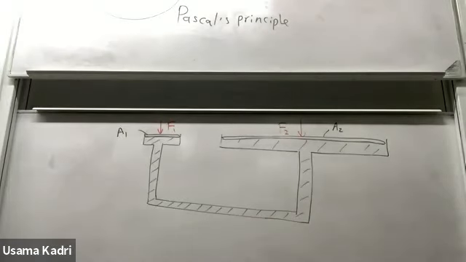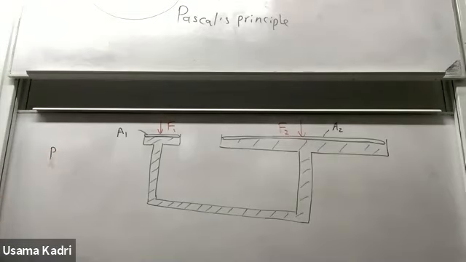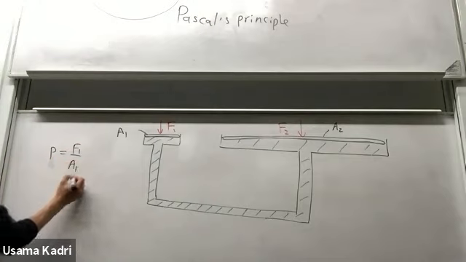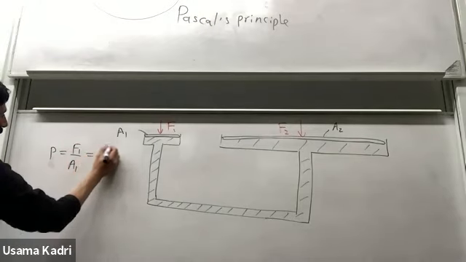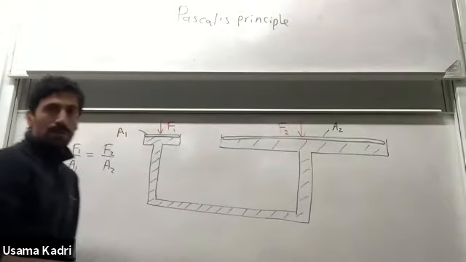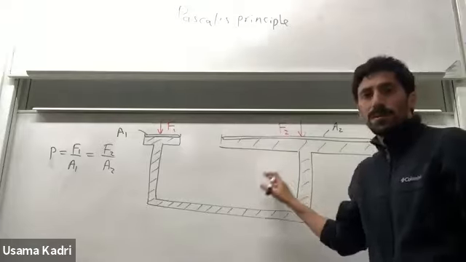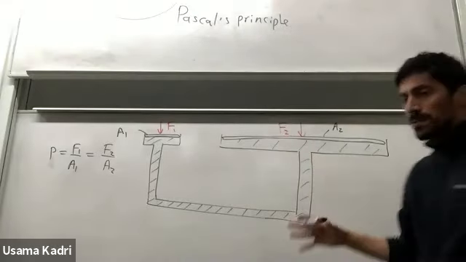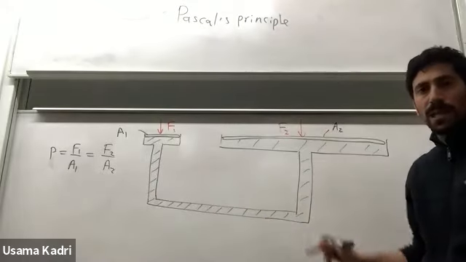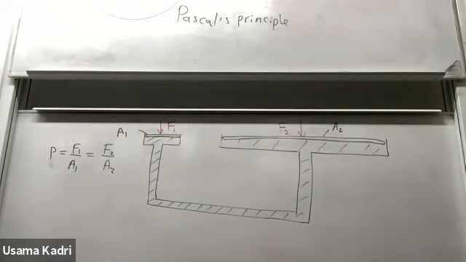The pressure in the system, now we know from Pascal's law, is P, which is F1 over A1, which is also equal to F2 over A2, because the system is connected, right? And we say that the pressure has to be the same everywhere in the system. Again, ignoring gravity. So at every point here, every single fluid element would have the same pressure.